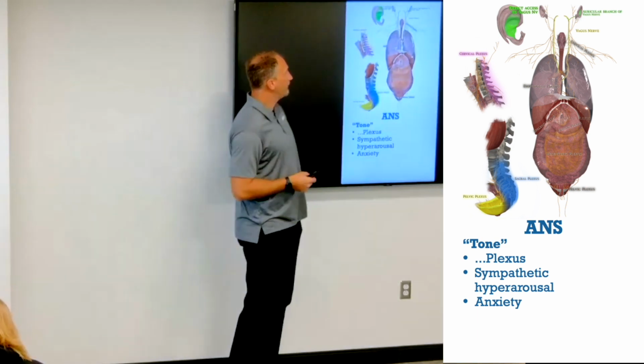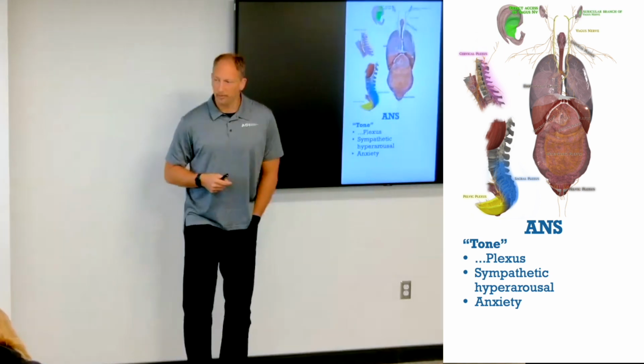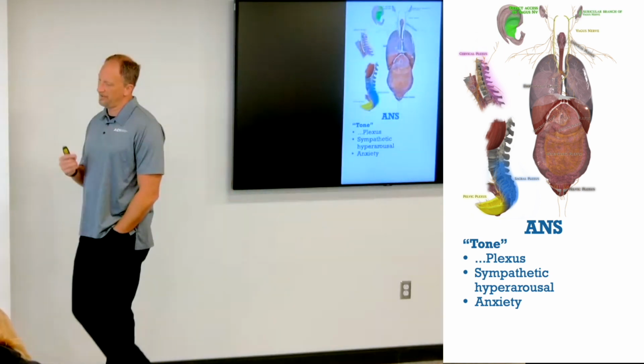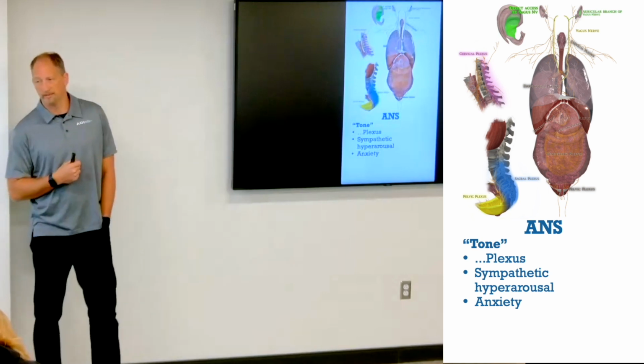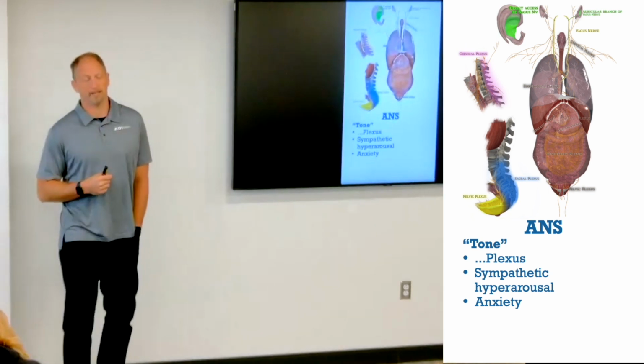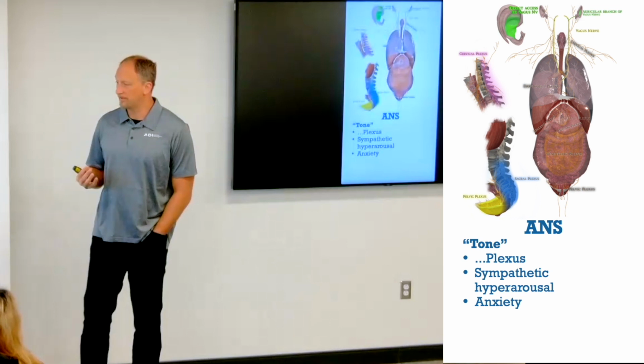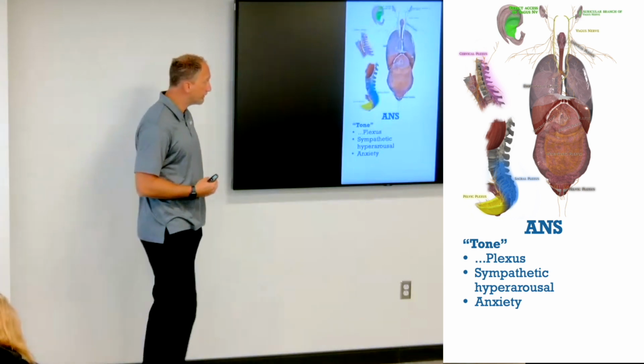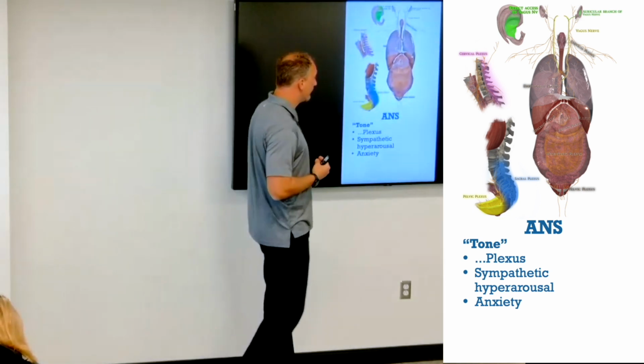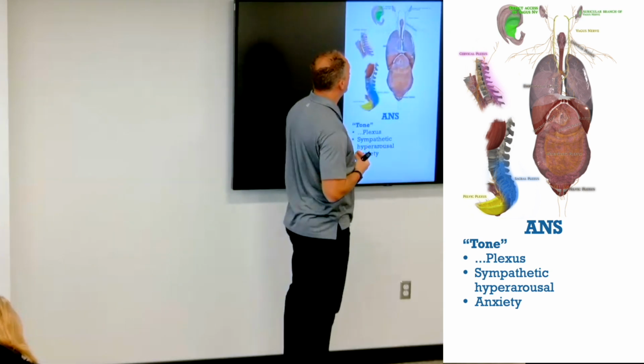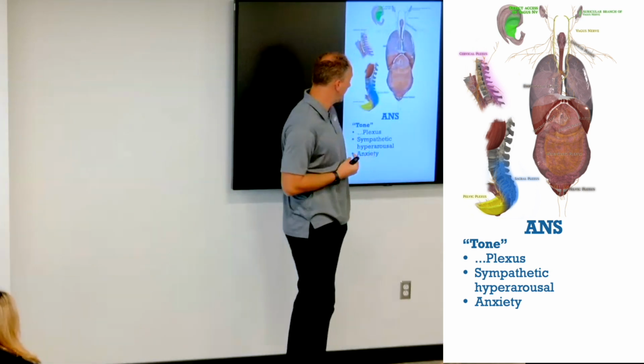When we look at the vagus nerve and all the different plexuses that it has, the esophageal plexus, the cervical plexus, the splenic plexus, the hepatic plexus, the celiac, the mesenteric, the sacral, the pelvic. I think that's all of them.